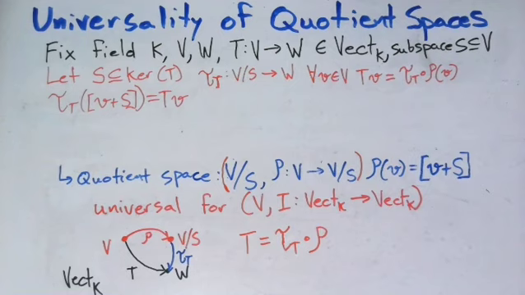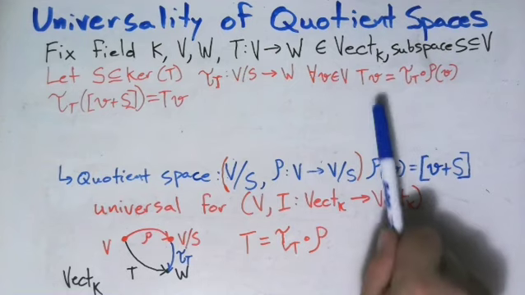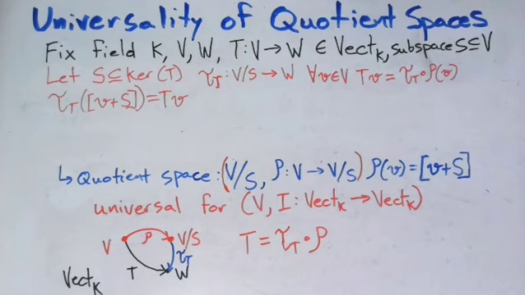So we found a tau of t that's well defined and that satisfies the universality equation here.